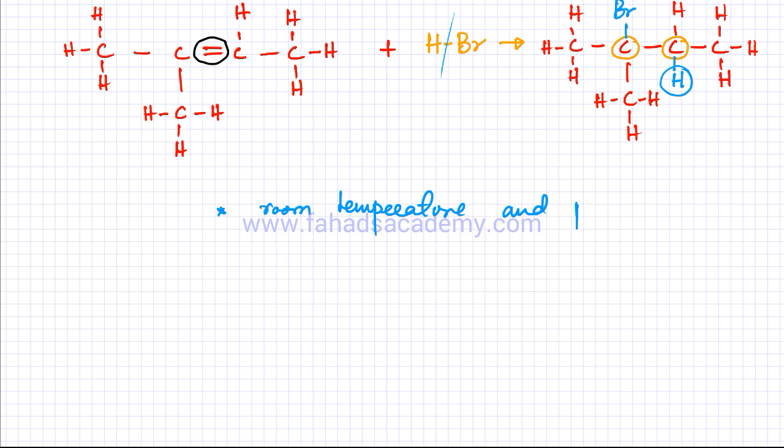The only thing is, if the alkene is a gas, and since most hydrogen halides are gases at room temperature, they're going to mix together. You don't need to do anything. But if your alkene is a liquid at room temperature, then you would have to bubble the hydrogen halides through that liquid. So the reaction is going to be carried out at room temperature and pressure.